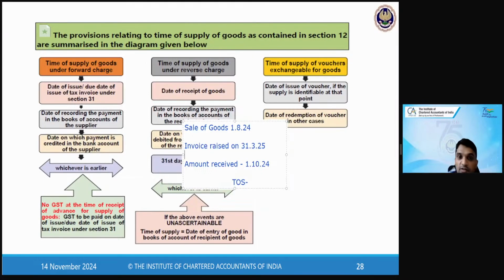So the due date is the date when I sold the goods. On 1st August, I should have raised. So 1st August is my time of supply. Amount received in advance, not received, technical issues, all of that doesn't matter. So amount received will not be relevant, because in case of supply of goods, the sale of goods is relevant. Since the sale of goods happened on 1st August, that is the time of supply.